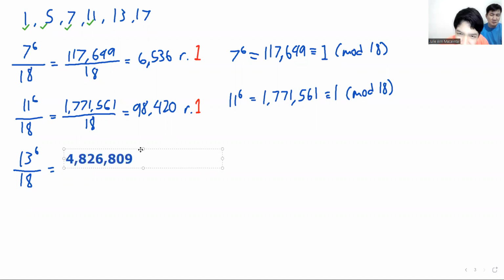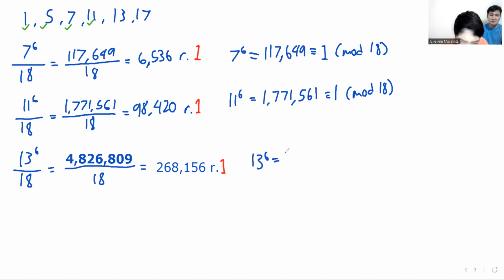Divided by 18 is 268,156, remainder 1. So 13 to the 6th is still remainder 1.